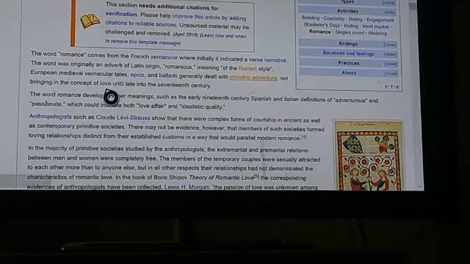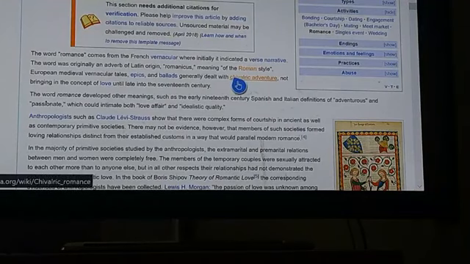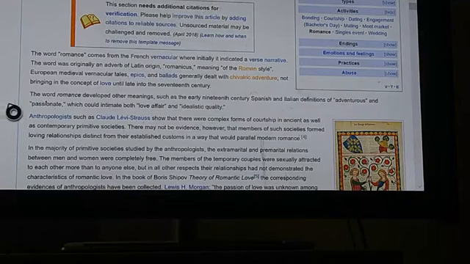European medieval vernacular tales, epics, and ballads generally dealt with chivalric adventure, not bringing in the concept of love until late into the 17th century. It wasn't even about love. Romance.